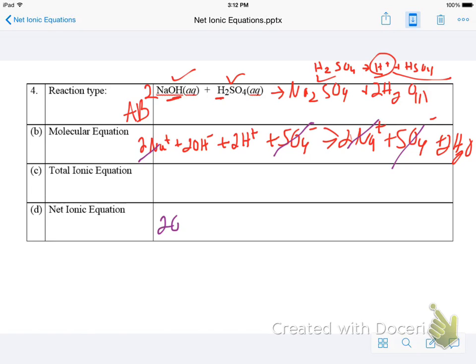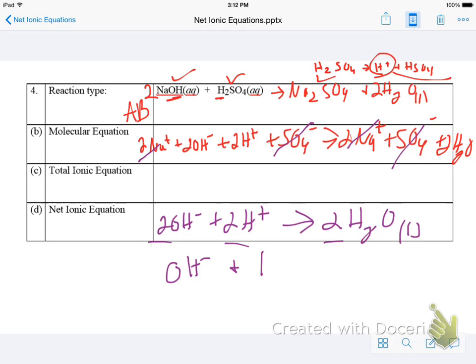I have 2OH minus plus 2H plus, and that's going to give me 2H2O liquid. And as you notice, 2's, 2's, 2's, I can simplify this. And that's going to give me water. This is a liquid. These are aqueous. Okay.